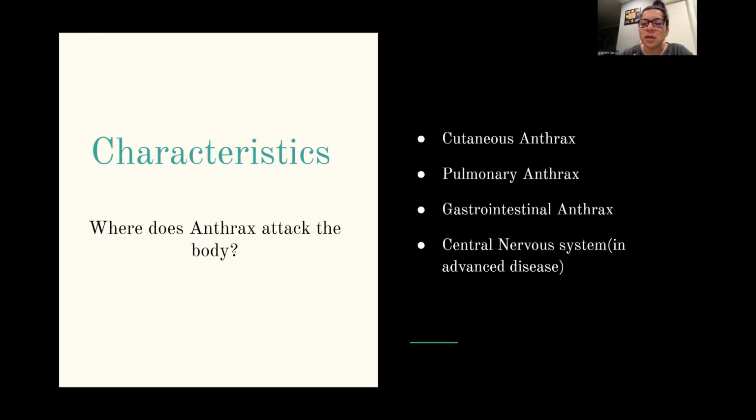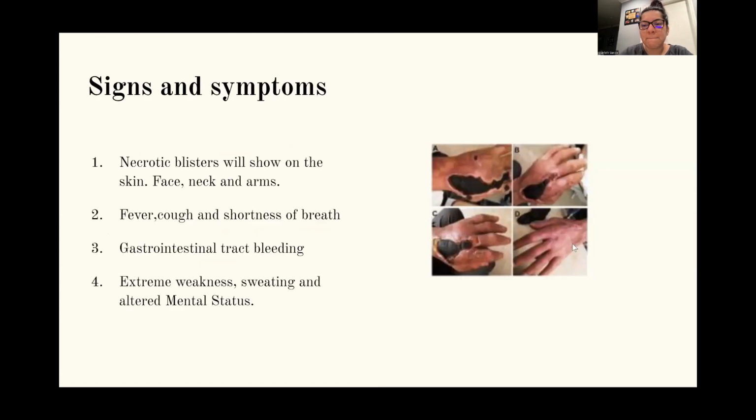And central nervous system anthrax, or when anthrax is in the central nervous system, is considered the advanced stage of the disease. This is the most severe case, when the disease is in late or advanced stages.